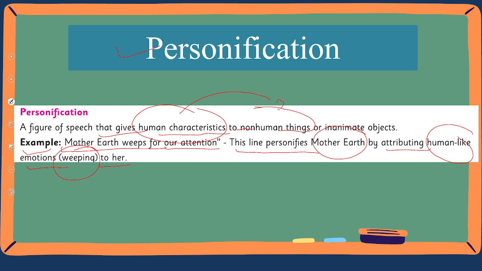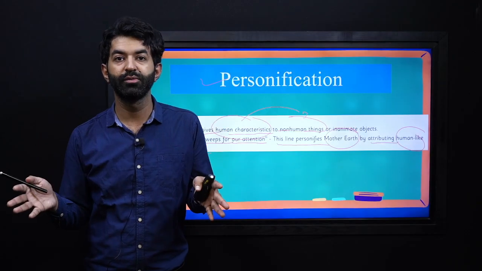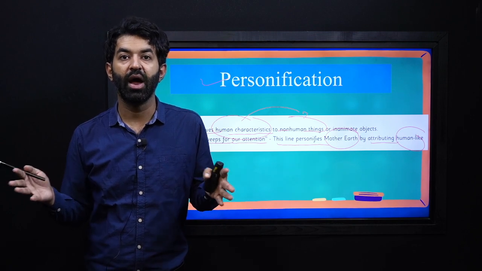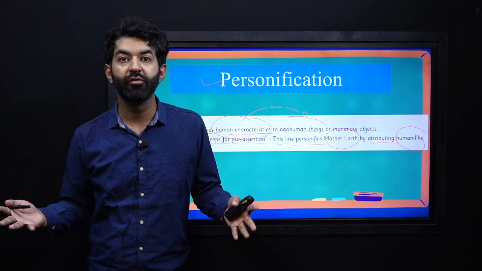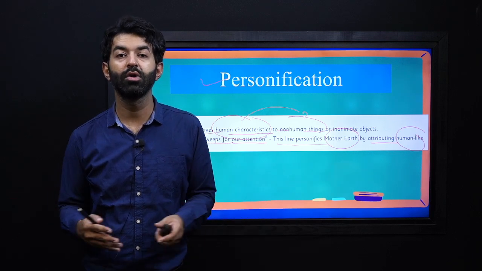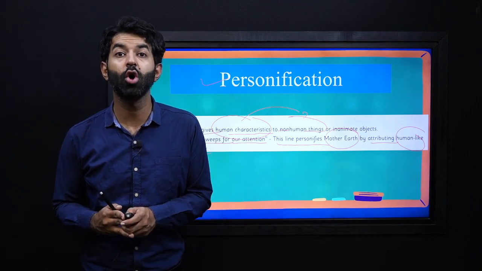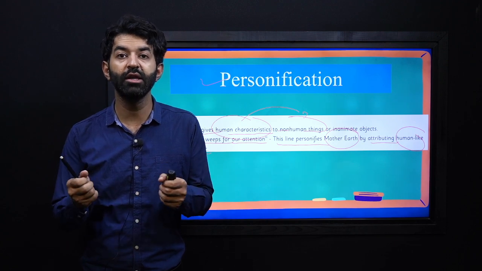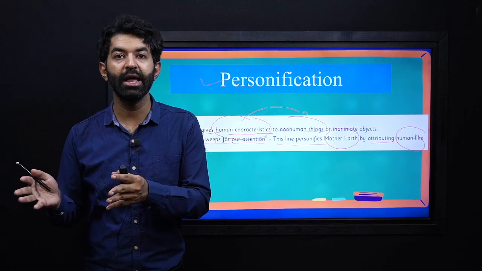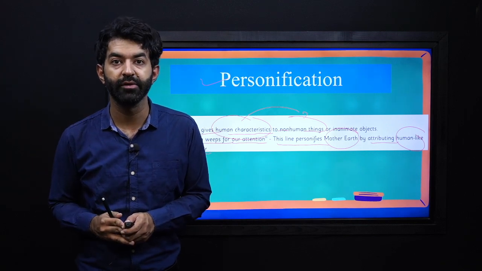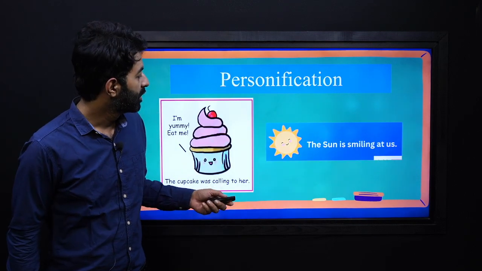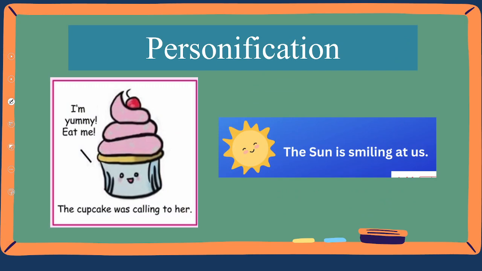So when we are giving such qualities to objects like the chair cried, the sun laughed, this is all about personification. We are personifying, giving qualities of a person to inanimate or non-living objects. Here are some more examples.